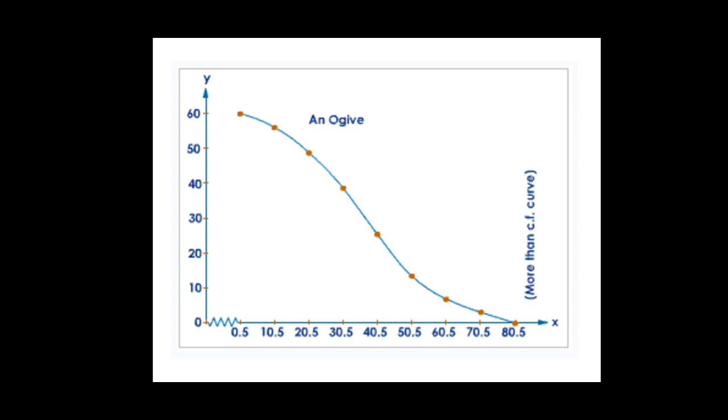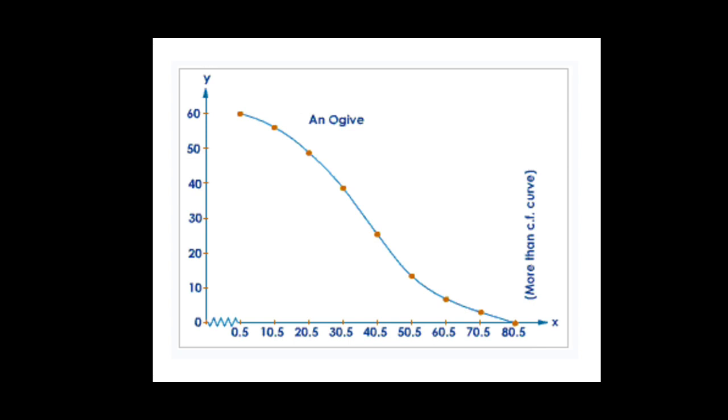Now, draw and mark the horizontal and vertical axis, that is x and y axis. After that, take the lower class limits on the horizontal axis, that is on the x-axis, and take the cumulative frequencies on the vertical axis, that is on the y-axis. Now, against each lower class limit, plot the corresponding cumulative frequencies.